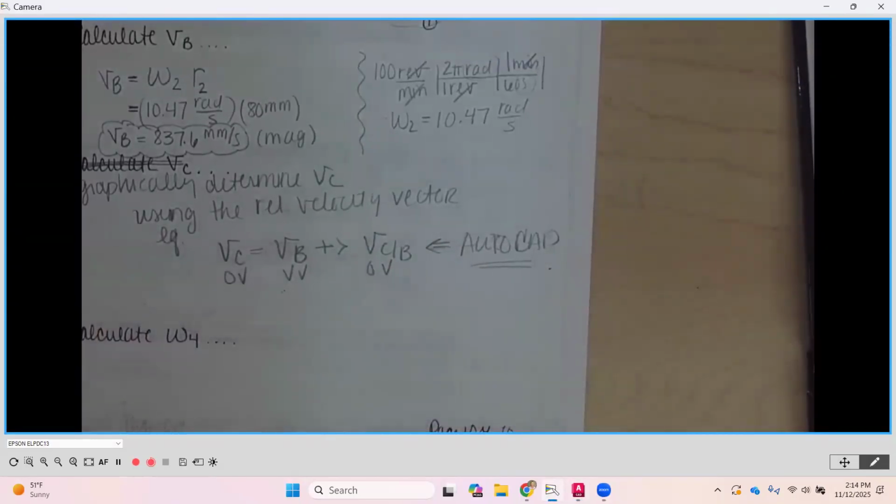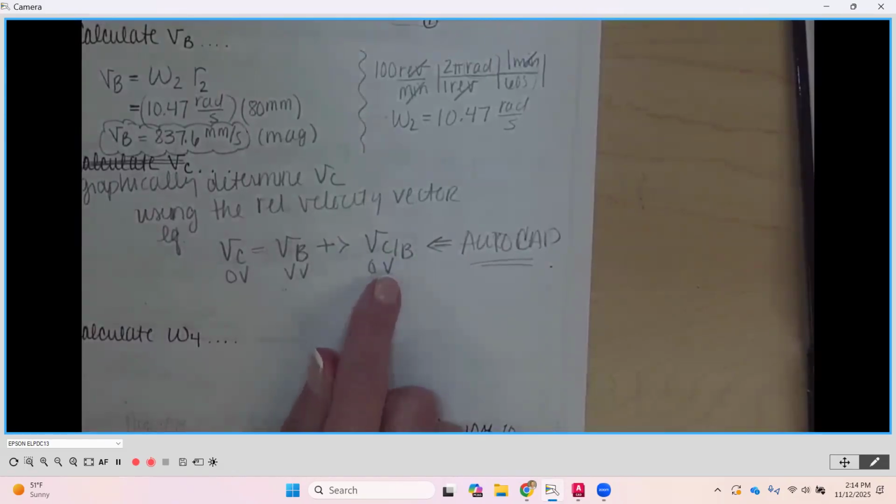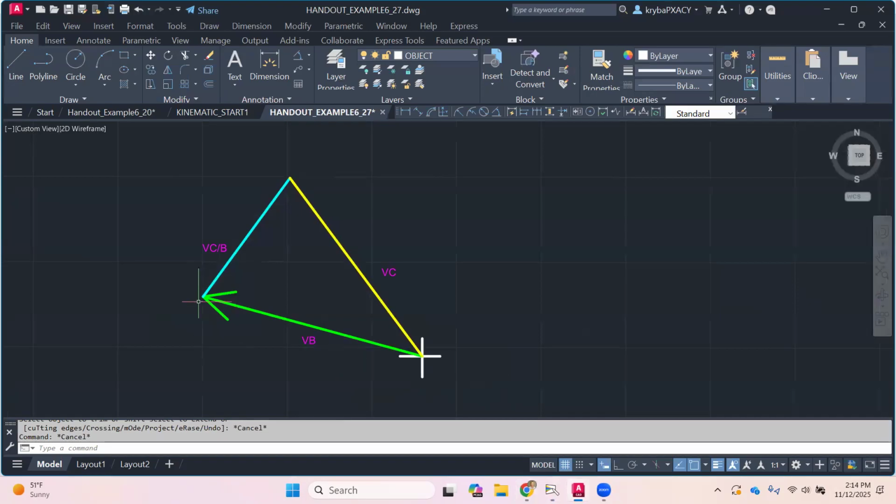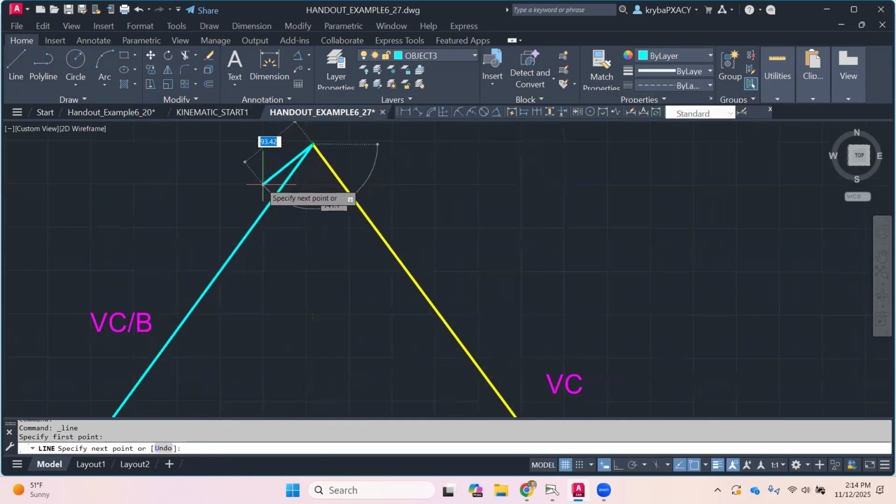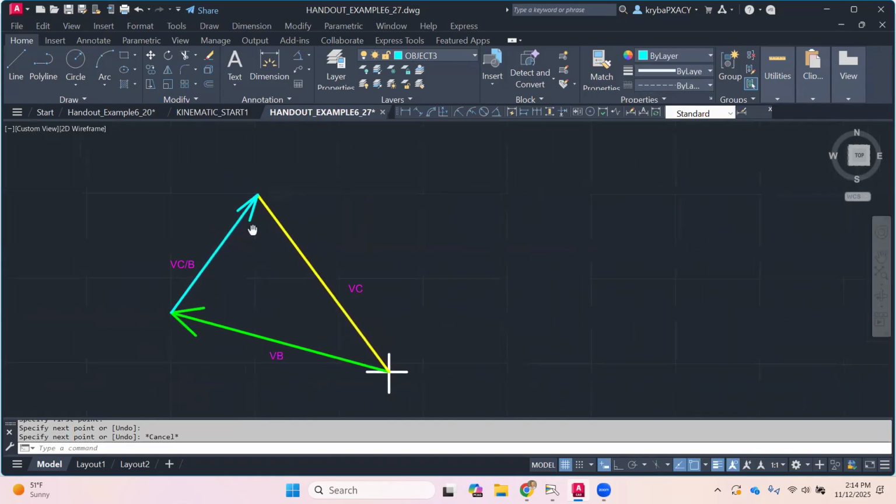So back underneath here, I've got everything here. Now what I want to do is place my arrowhead for C relative to B. Since this is a vector addition, the tail of C relative to B is going to be at the tip of B, which means that its tip is going to be up and to the right. So I'm going to go here, and that will be my arrowhead for that one.